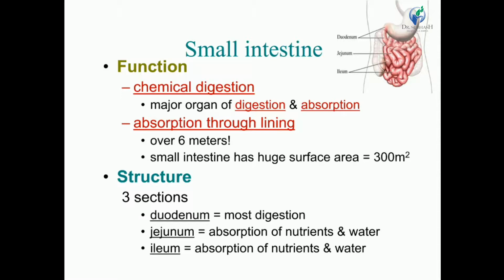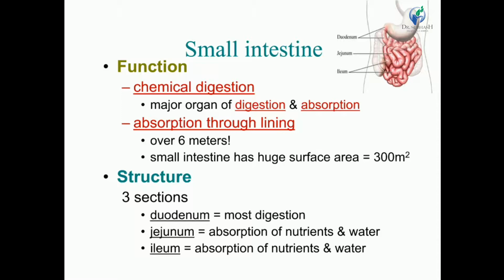Considering its length, it could be 5 to 7 meters, or approximately 6 meters. Here, most chemical digestion will occur, and not only digestion, absorption is also an important function of the small intestine, and it has a huge surface area, that is 300 square meters.